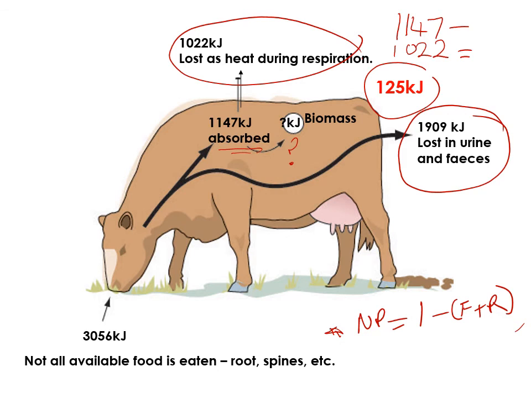Okay, so the next question would be, what's the efficiency of the energy transfer for this herbivore from the energy available in its food to its biomass. So now we've got our biomass, we can calculate that.